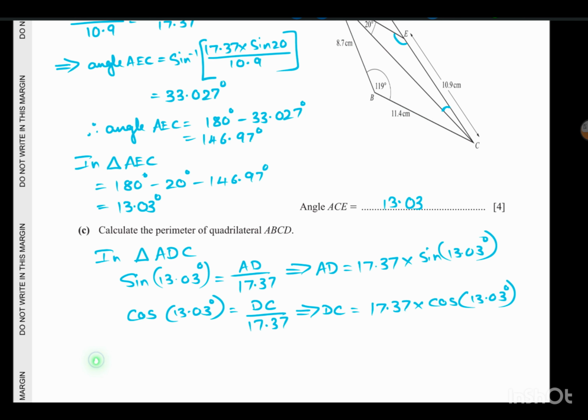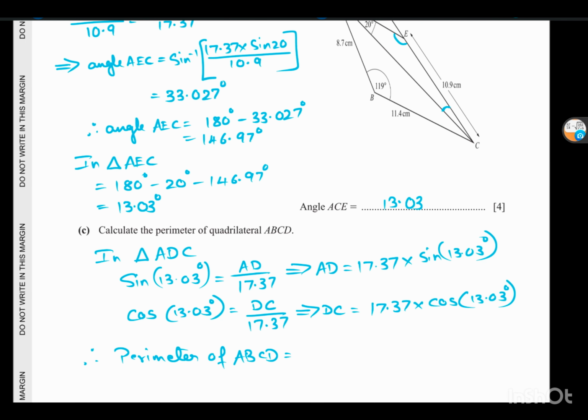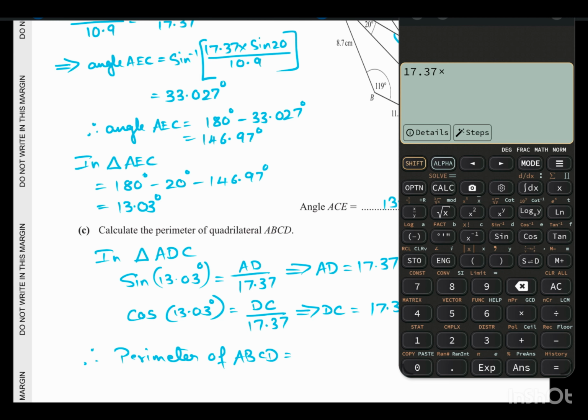Therefore perimeter of ABCD is equal to, I'll just do it in the calculator, 17.37 into sine 13.03 plus 17.37 into cos 13.03.